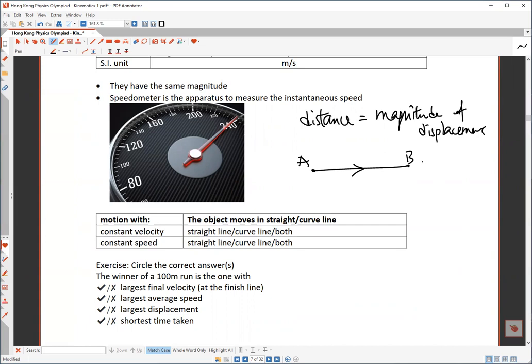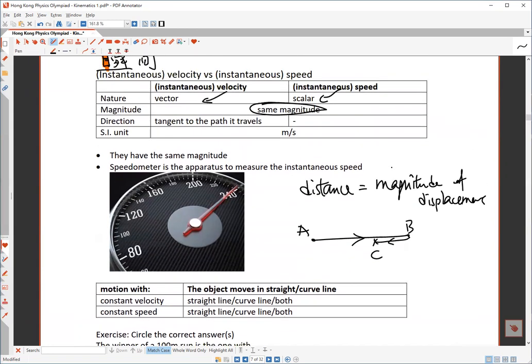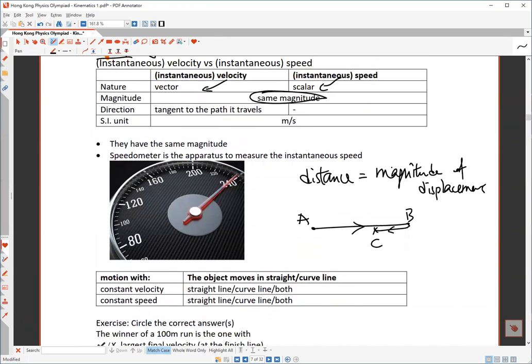But even if it's moving along a straight line, let's say it goes from A to B and then goes back to C, the distance is not equal to the displacement. The displacement is the shortest distance between point A and point C, and the distance is AB plus BC.